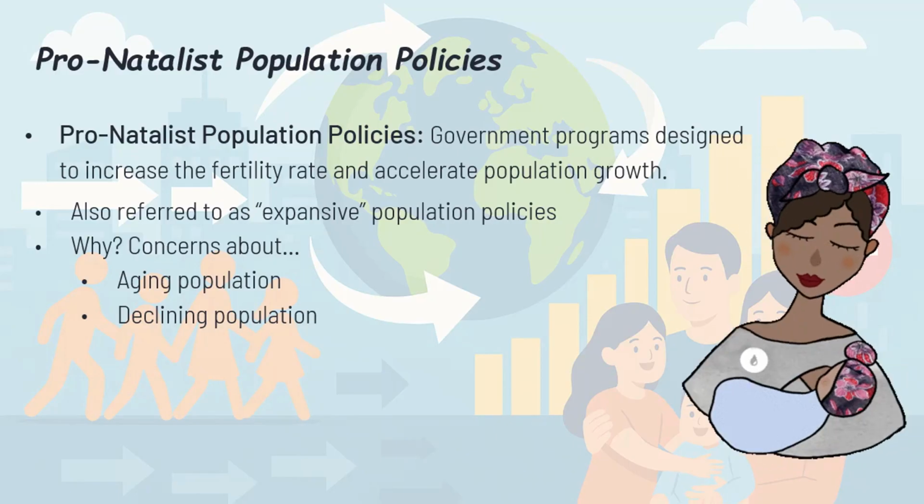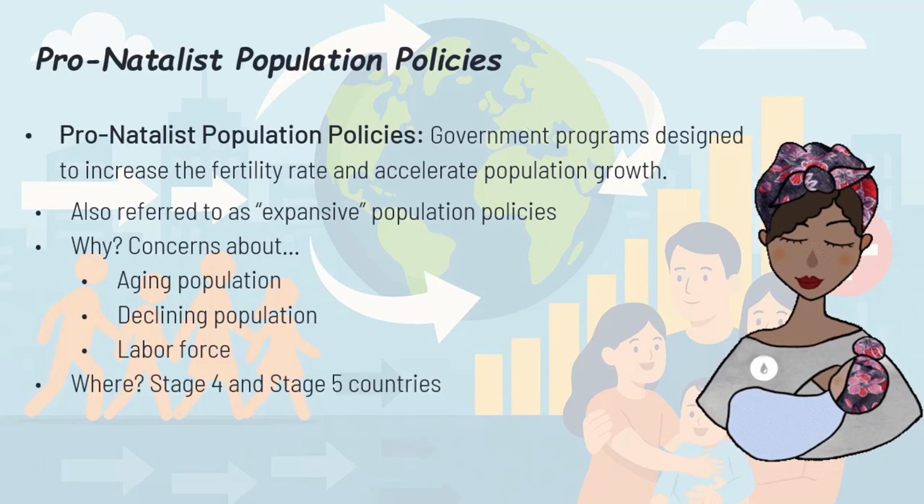But why? Well, in a lot of Stage 4 and Stage 5 countries, people are living longer, but they're not having as many kids. So now, there's a whole lot of grandmas and grandpas, and not enough babies to keep things running. It's kind of like the workforce is shrinking, the population is aging, and the government's looking around like, uh-oh, who's going to pay the taxes now?